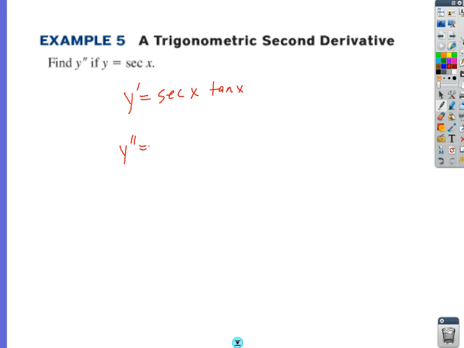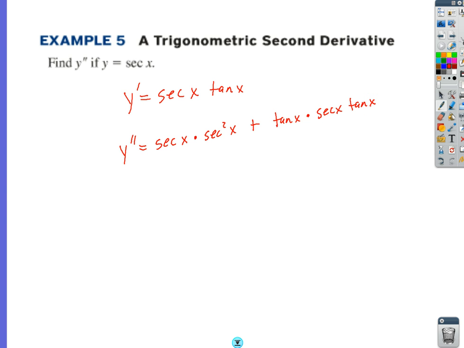So what does product rule mean? Product rule means that this is going to be, leave the first one alone, secant x, times the derivative of tangent x, which is going to be secant squared x. Again, straight from your rules that you just did, plus, and then I leave this one alone, tangent x, times the derivative of the first, which is secant x tangent x.